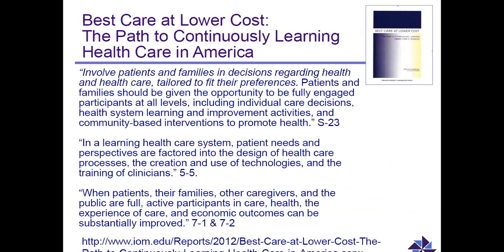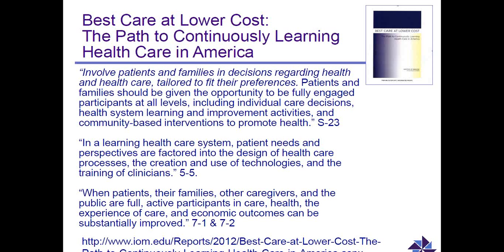There's a wonderful new book out that was published this summer that may be a resource to your practices. It's from the Institute of Medicine called Best Care at Lower Cost, The Path to Continuously Learning Healthcare in America. One of its key recommendations was to have patients and families on the learning team in healthcare organizations.